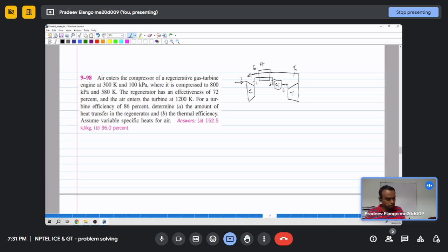This is the heat exchanger. Now T1, T2 is given, P1, P2 is also given.